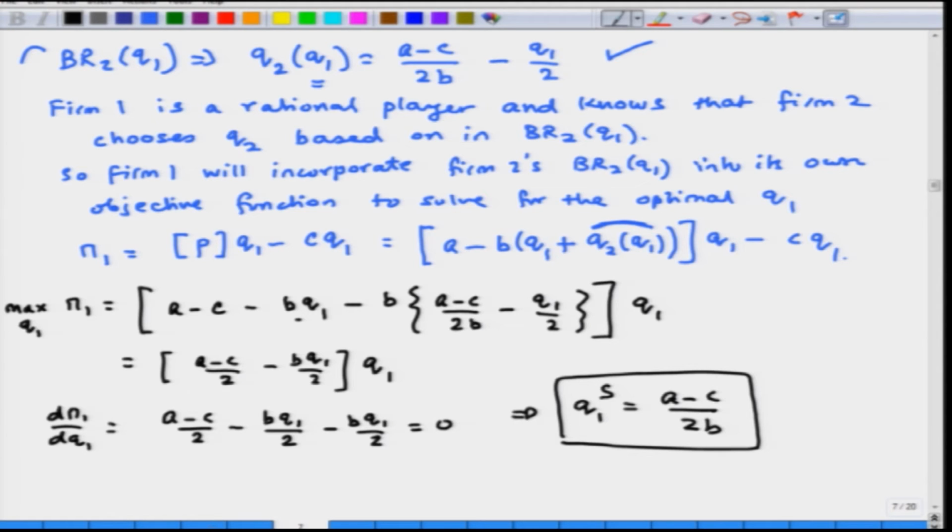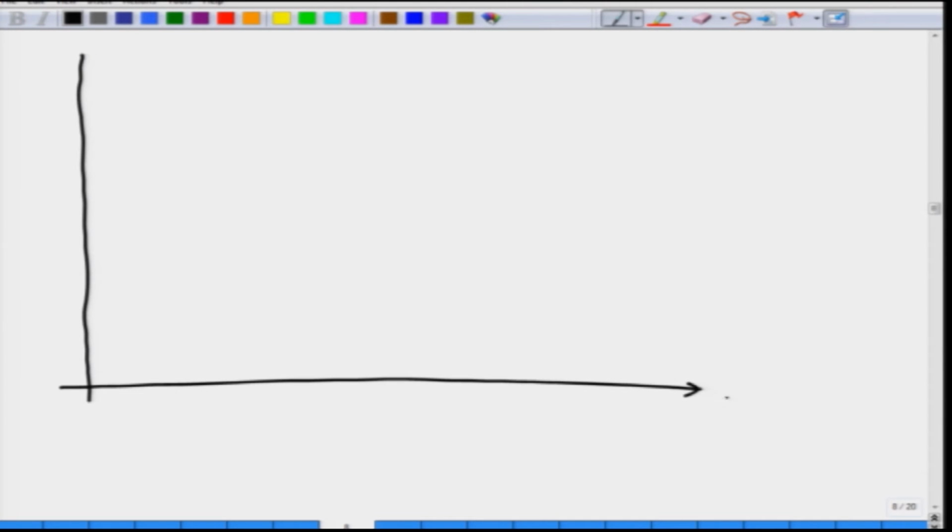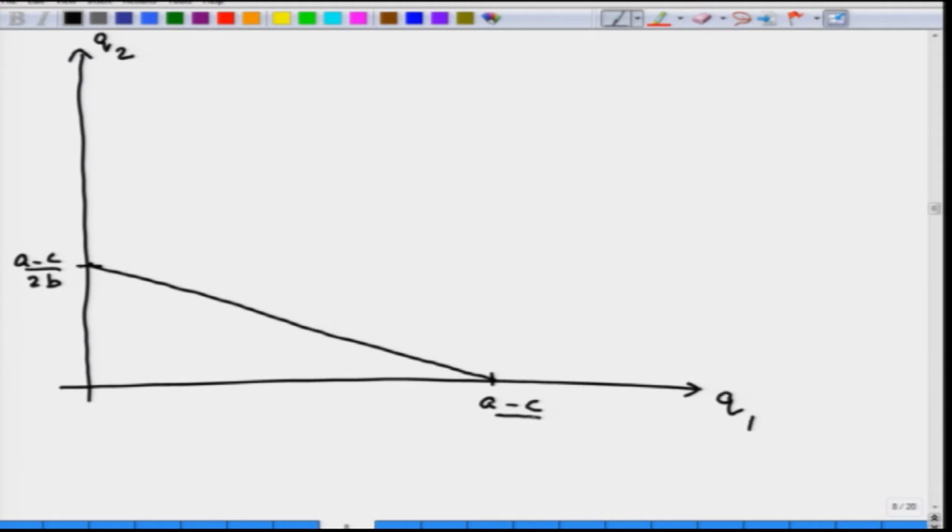So, on the graph, let us graph this once more. If I have Q1 and if I have Q2, we have firm 2's best response function, which is (A minus C) divided by 2B. So, this is firm 2's best response function. And for completeness, we will just draw the Cournot outcome.